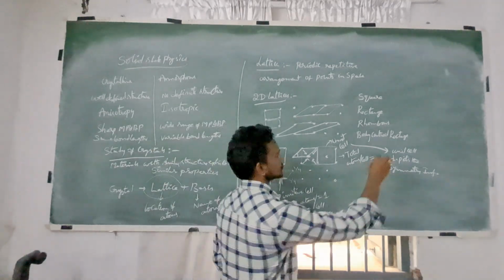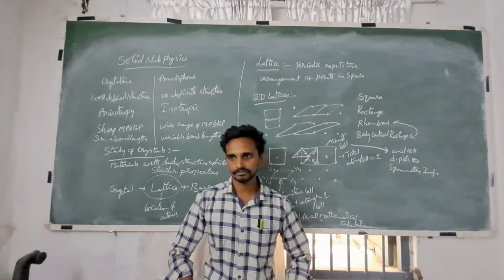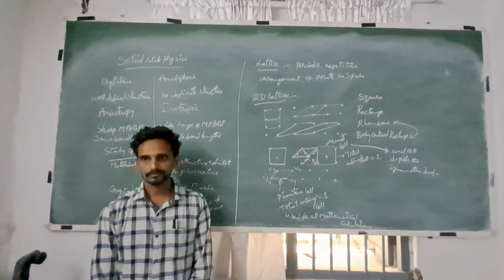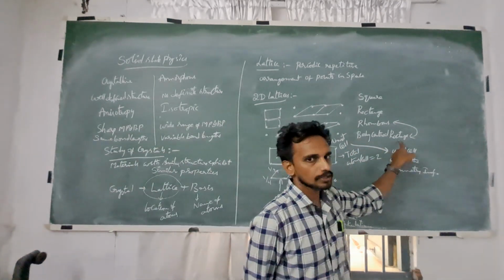So basically, body centered rectangle is a special case of rhombus. But it is also studied as a special category because of its symmetry.